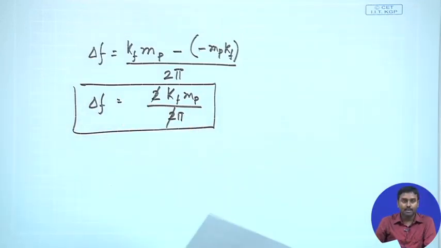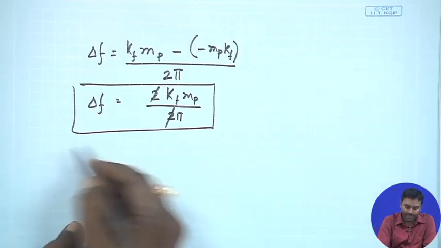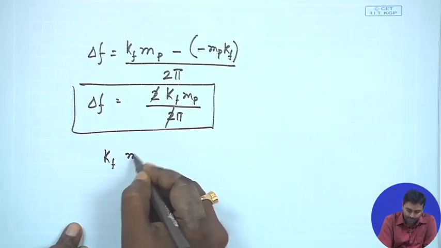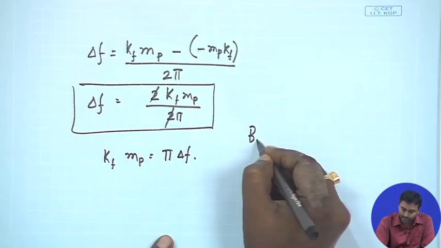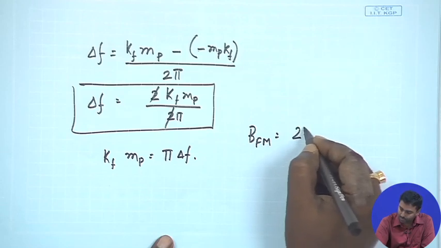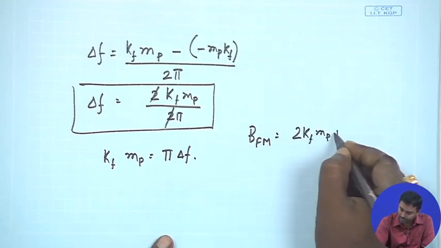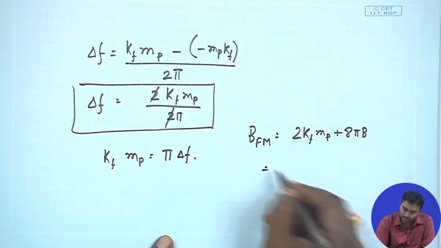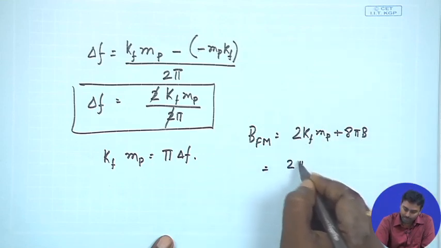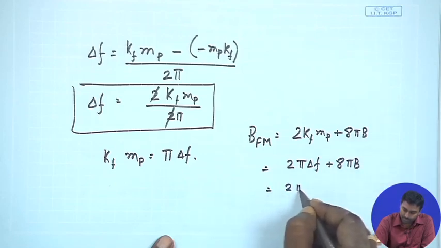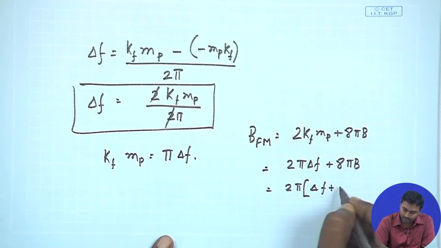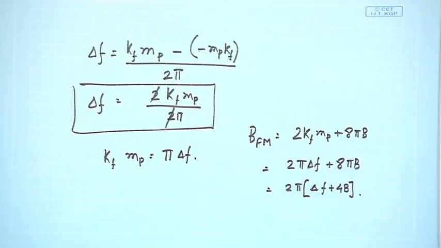Therefore, this B_FM, which was earlier derived as 2 kf mp plus 8 pi b, I can write as 2 pi del f plus 8 pi b, or taking 2 pi common, 2 pi times del f plus 4b. This B_FM was in the omega domain.